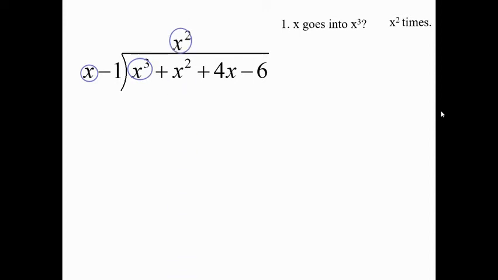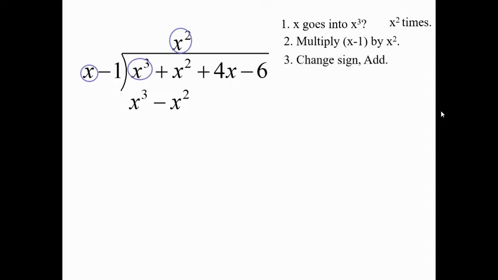Okay, so what we do is we put the x squared on top over the other x squared, okay? And we multiply the x minus 1 by x squared. And when we do that, we get x cubed minus x squared.